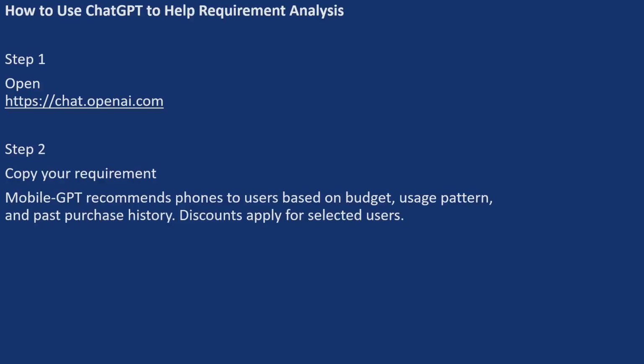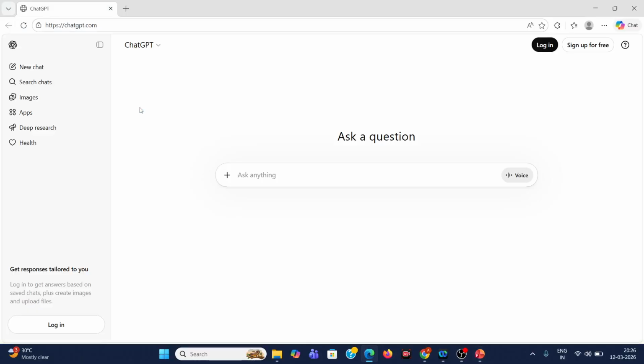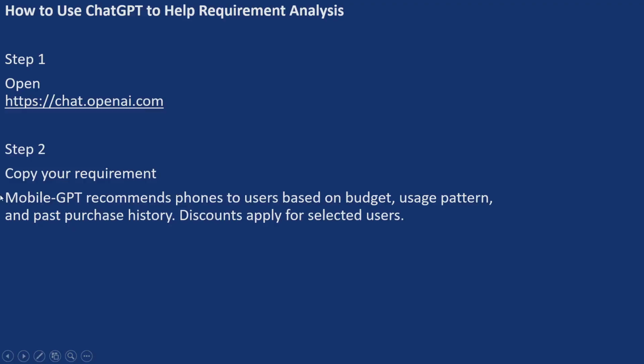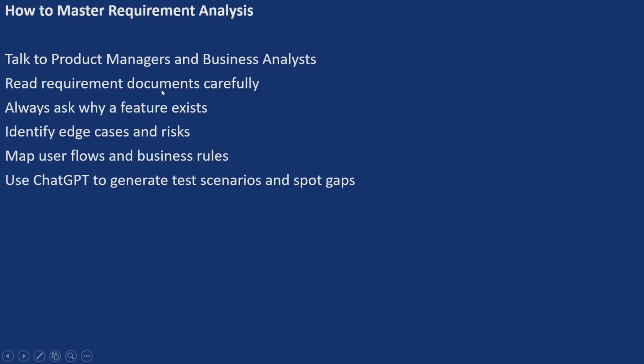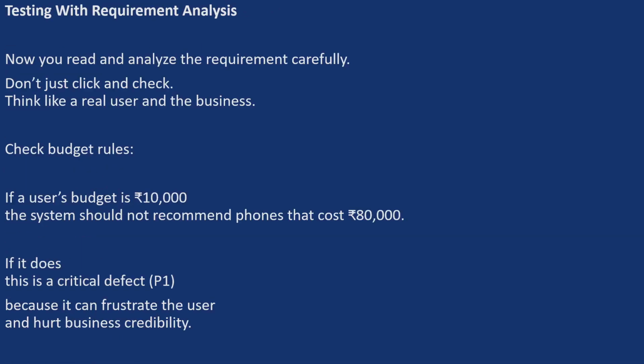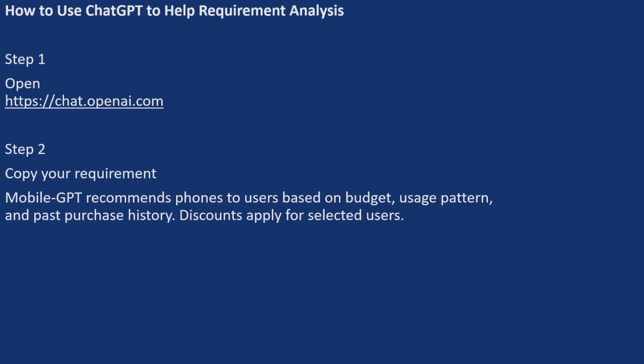Now, how can we use ChatGPT to actually help with requirement analysis? What we can do is open the chat at openai.com, and copy our requirement.